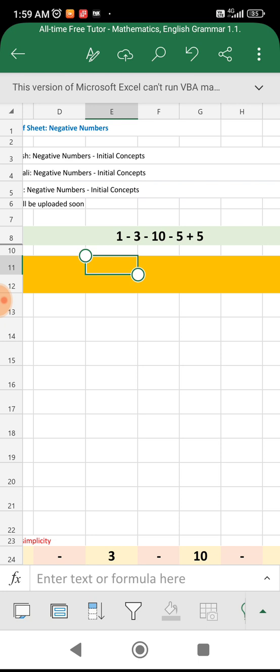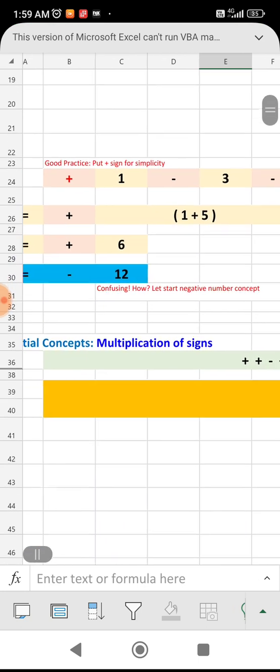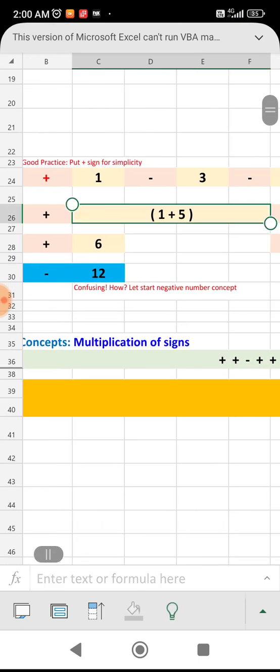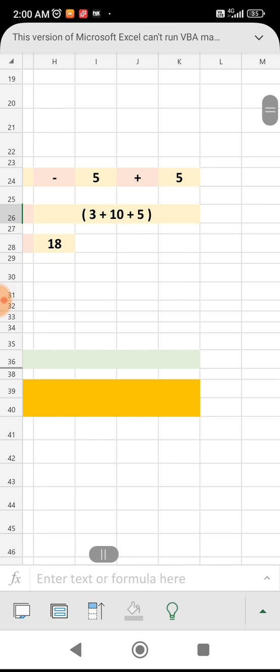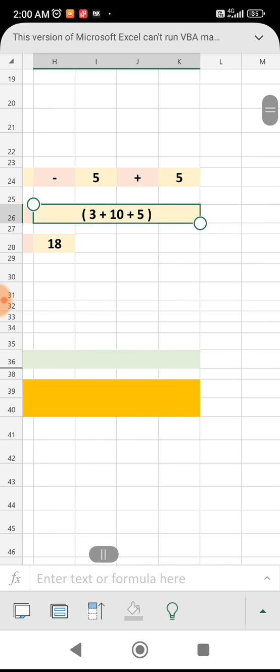Minus is before 3, 10 and 5. So we have to make a group of 3, 10 and 5. And another group will be 1 and 5. Look here. One group is 1 and 5. Another group is 3, 10 and 5.